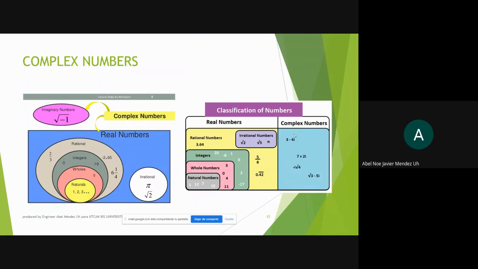The complex number has two parts, the real part and the imaginary part. Here we have some examples. Complex number, 3 minus 4 times i, okay? The number 3 is the real part, minus the imaginary part, 4 that multiplies the imaginary i.